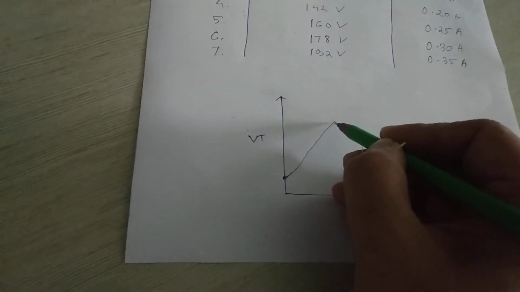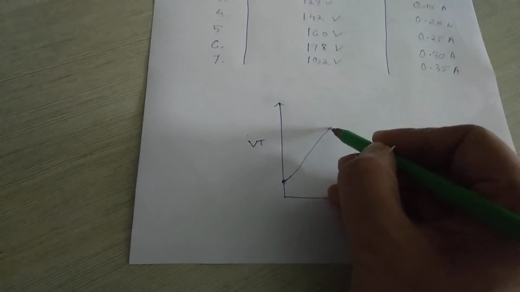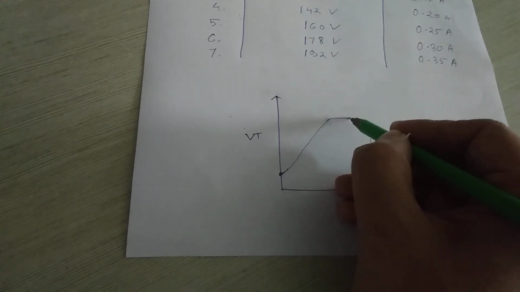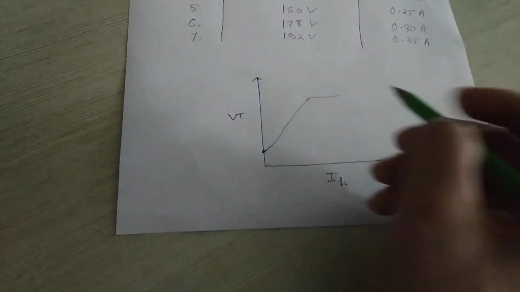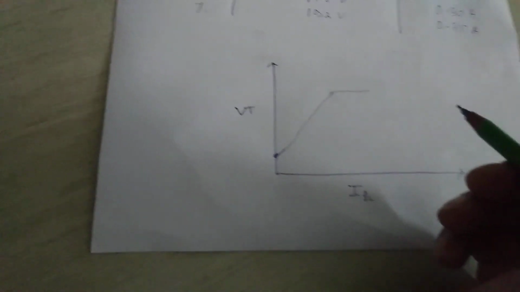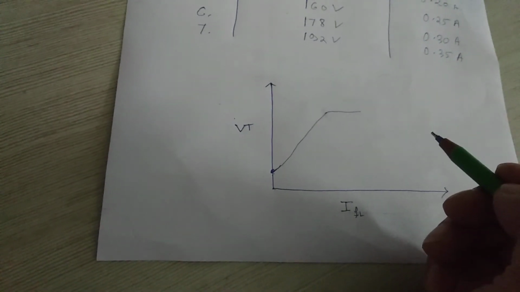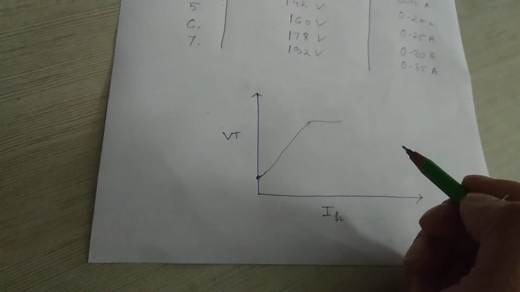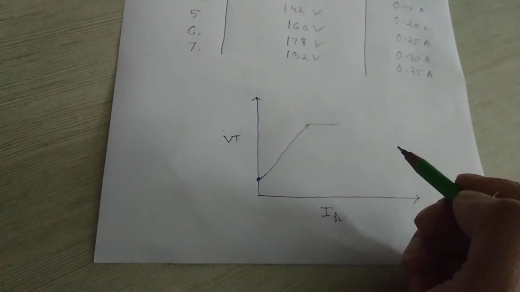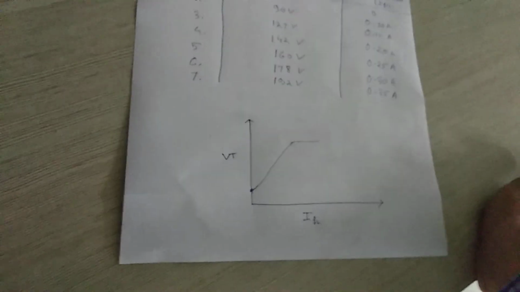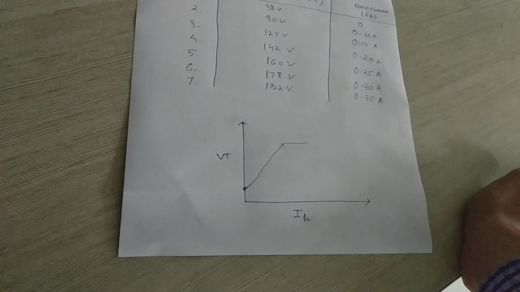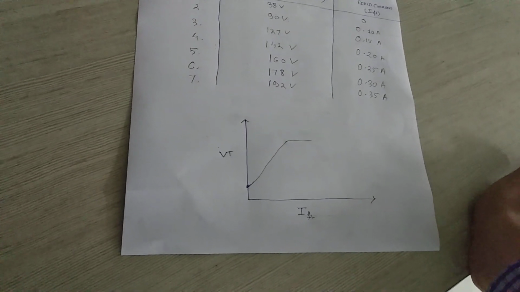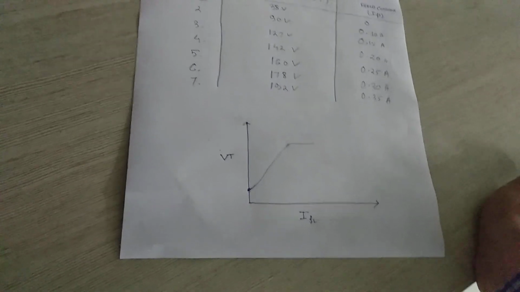So from this point, the curve is like a straight line. Okay, so this is the open circuit characteristics curve of the DC generator, or you can say it's the magnetizing curve of the DC generator, or the internal characteristics of the DC generator. Thank you. That's all.